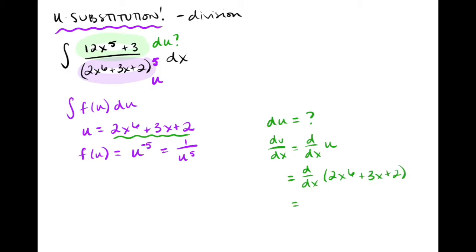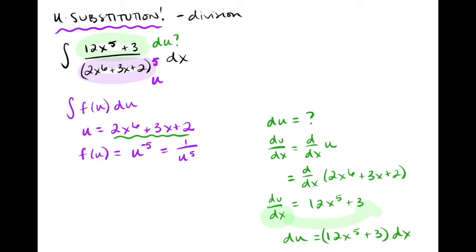Taking the derivative of that, I find that it's just 12x to the 5th plus 3 plus 0. And that is equal to du dx. I can now rearrange this, take my dx and bump it over here, to see that du is equal to 12x to the 5th plus 3 dx.